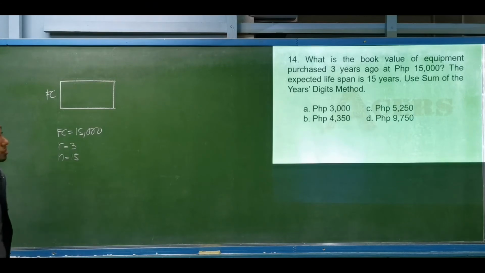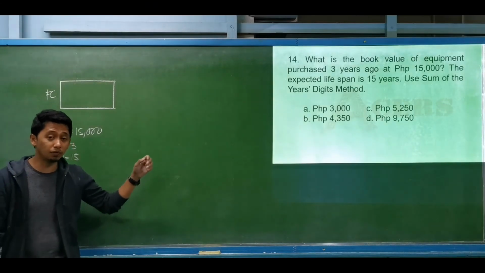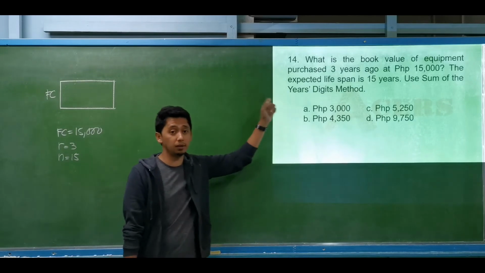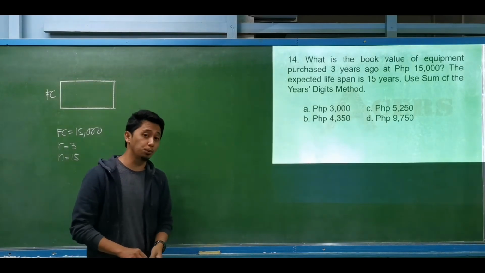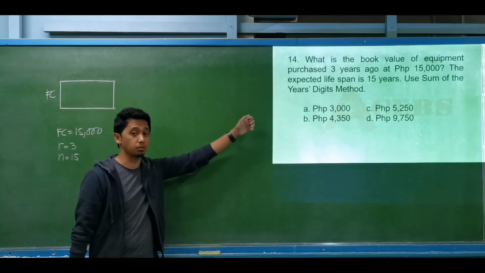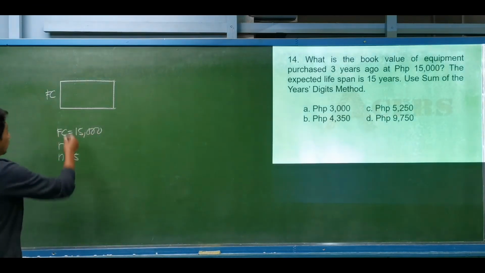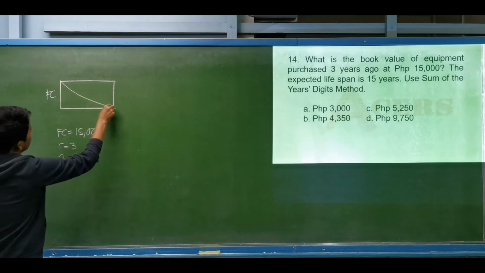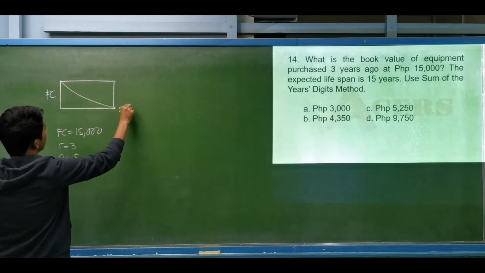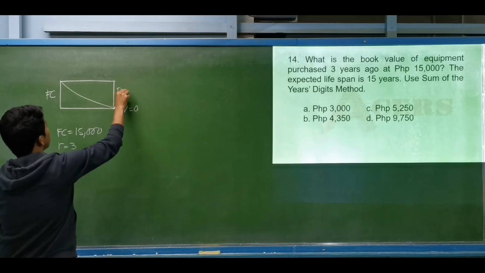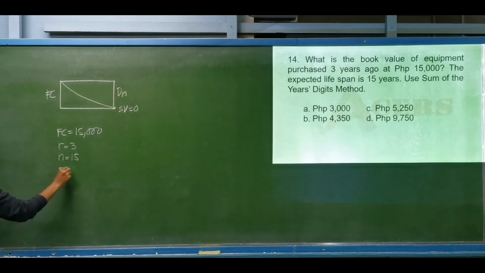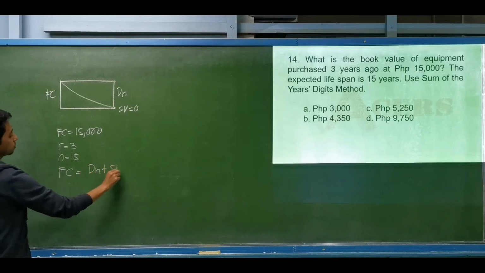Okay, for this case, as you can see, we don't have a salvage value given in this problem, and we don't have a way to compute the salvage value. If that is the case, all you have to do is assume that the salvage value is equal to 0. So again, we have first cost equal to d sub n plus the salvage value.